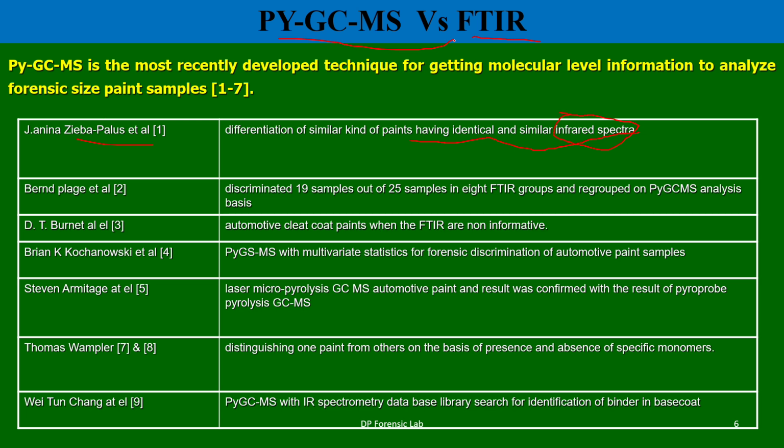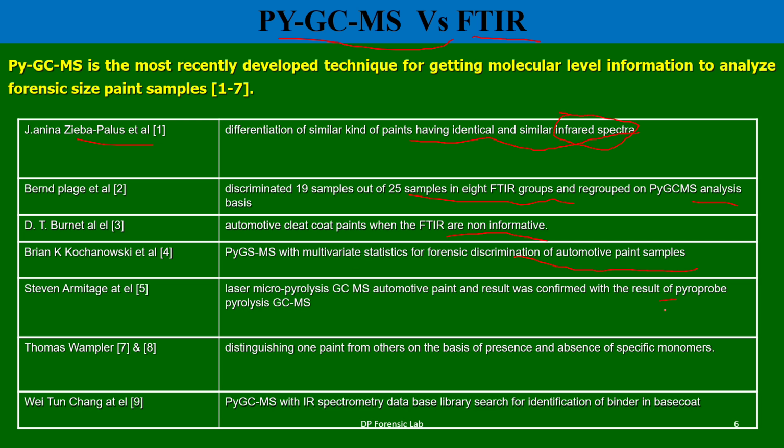In this case of paint samples, it discriminated among 25 samples of the FTIR group with PyGC analysis. Automotive coat, vehicle paint can be used. PyGCMS with multilevel statistics for the forensic discrimination of automotive paint.